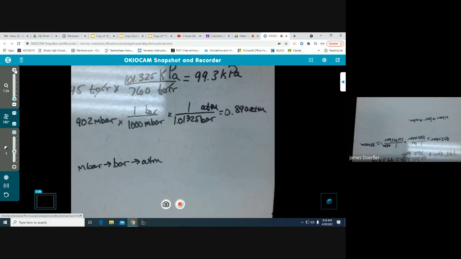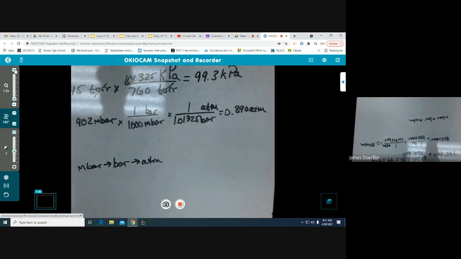Well, in the realm of physics, the faster a fluid, in this case air, is moving, the lower the pressure. 1 atmosphere is normal conditions. We call that a standard condition.